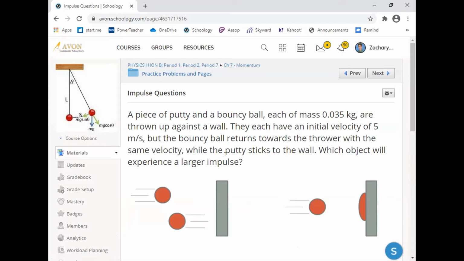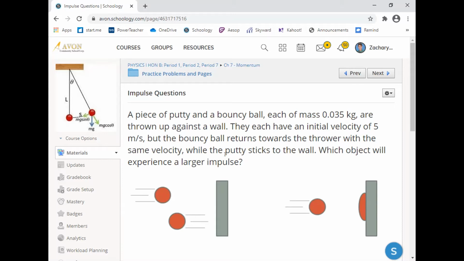You throw the bouncy ball against a wall, and it's going to bounce back. Then you put the putty against the wall and it sticks. Here's my question: which one is able to impart a greater impulse? Go ahead and talk to your partner about this.